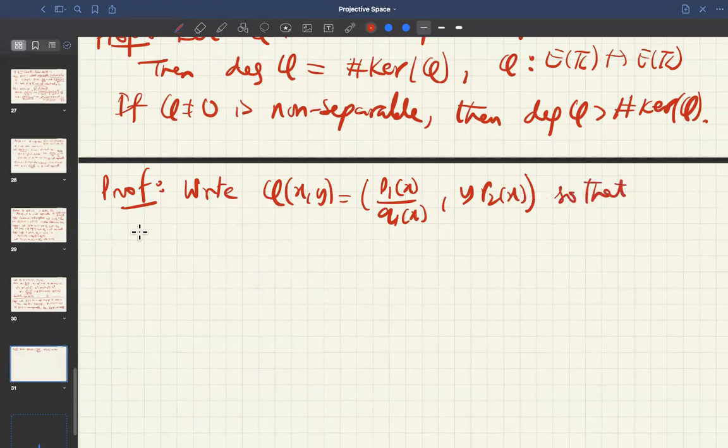That you already know. So the degree of phi is the maximum of the degree of p1 and the degree of q1.